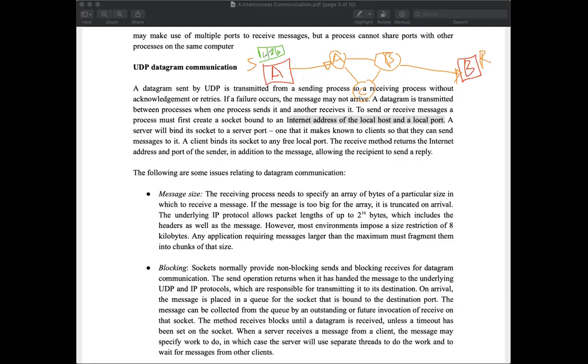So basically A takes that datagram and attaches the receiver, the destination host B and the port.